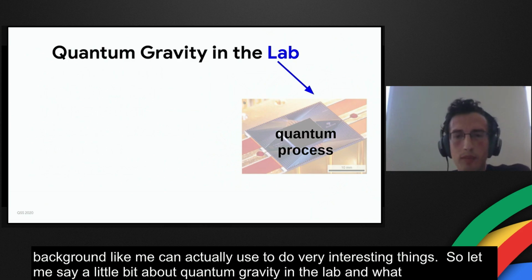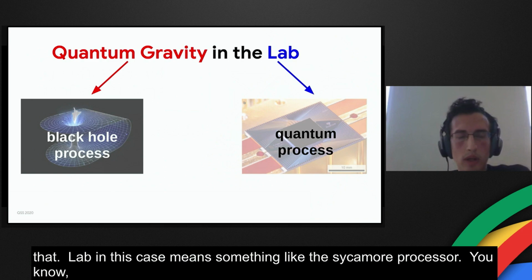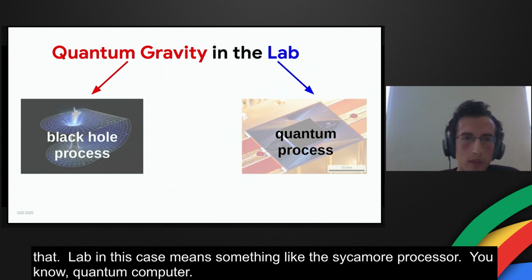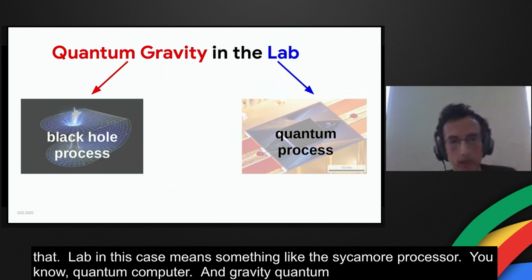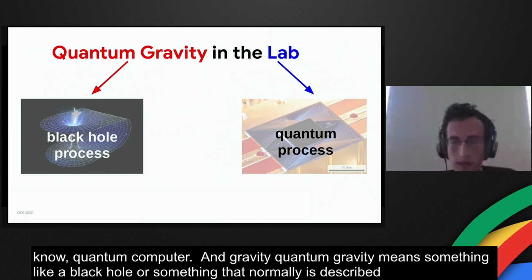Lab in this case means something like the Sycamore processor, a quantum computer, and quantum gravity means something like a black hole, or something that normally is described, in theory world, by Einstein's equations, general relativity, things of that sort.